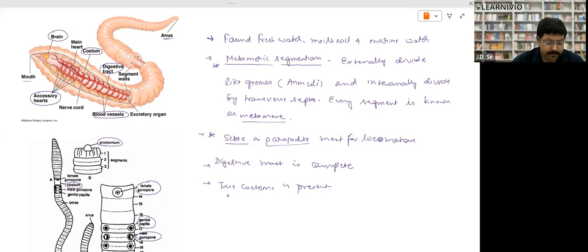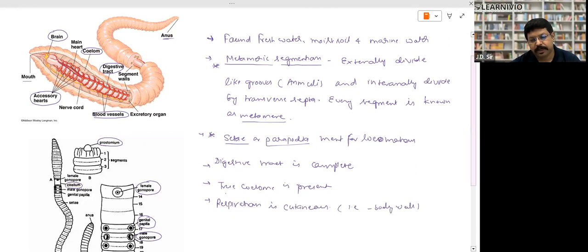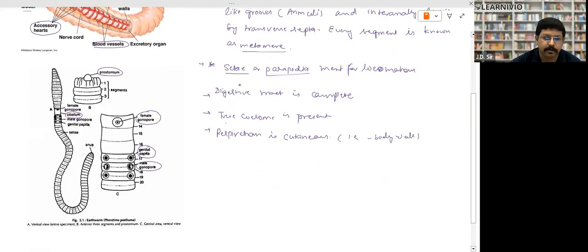And respiration is cutaneous, through body wall. So respiration takes place through body wall. They do not have a special respiratory organ which is meant for the respiration. Vascular system is present, right?